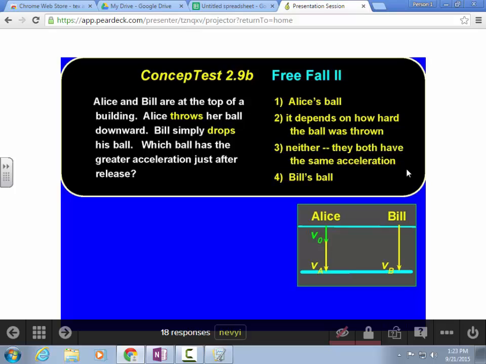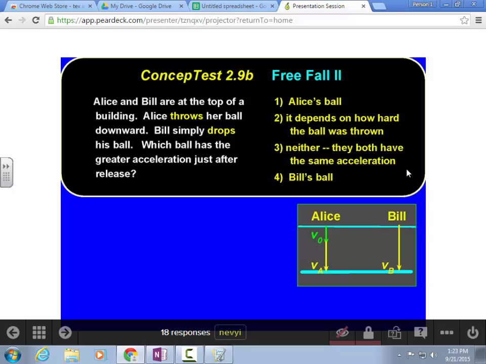All right. The answer is the acceleration is the same. That's right. Notice it's right after they release it. So what this question is really designed to do is make sure you compartmentalize velocity and acceleration.